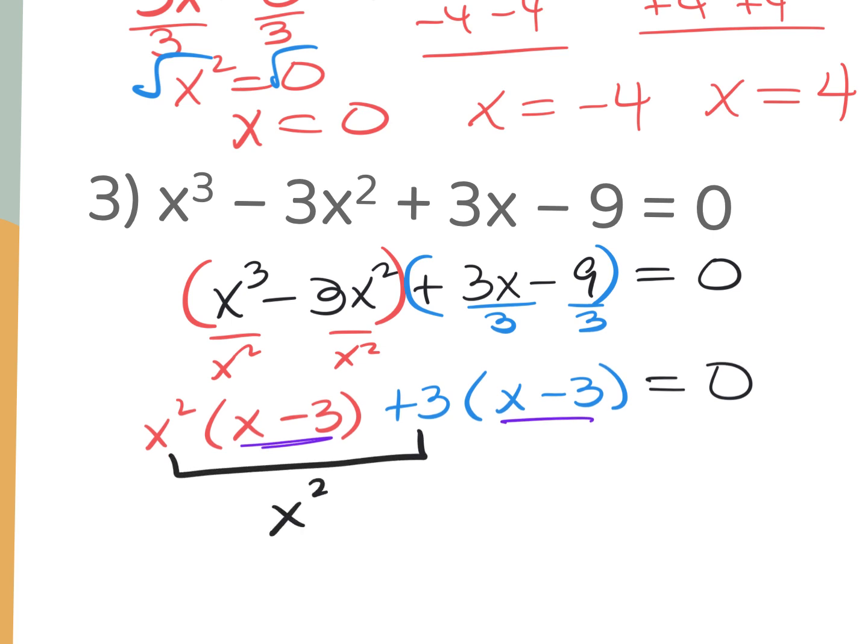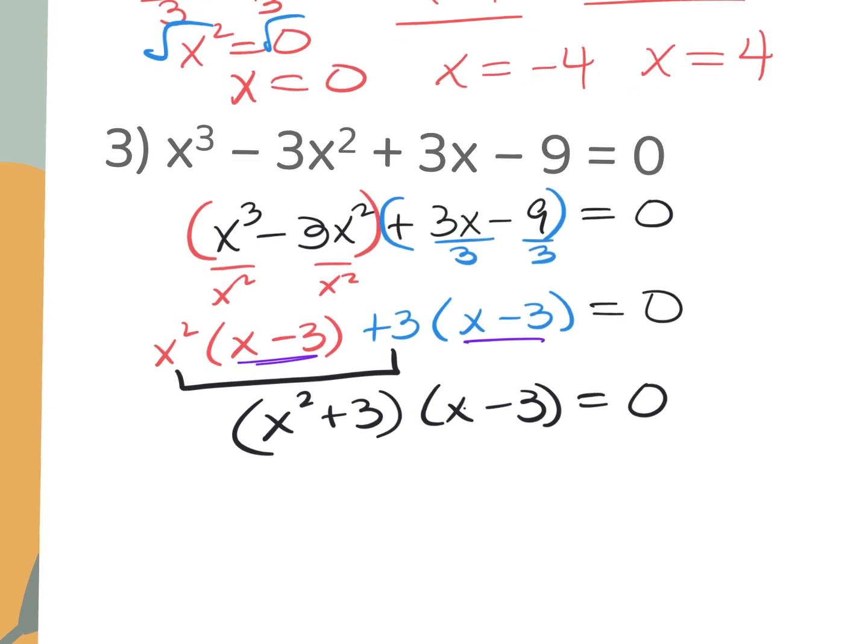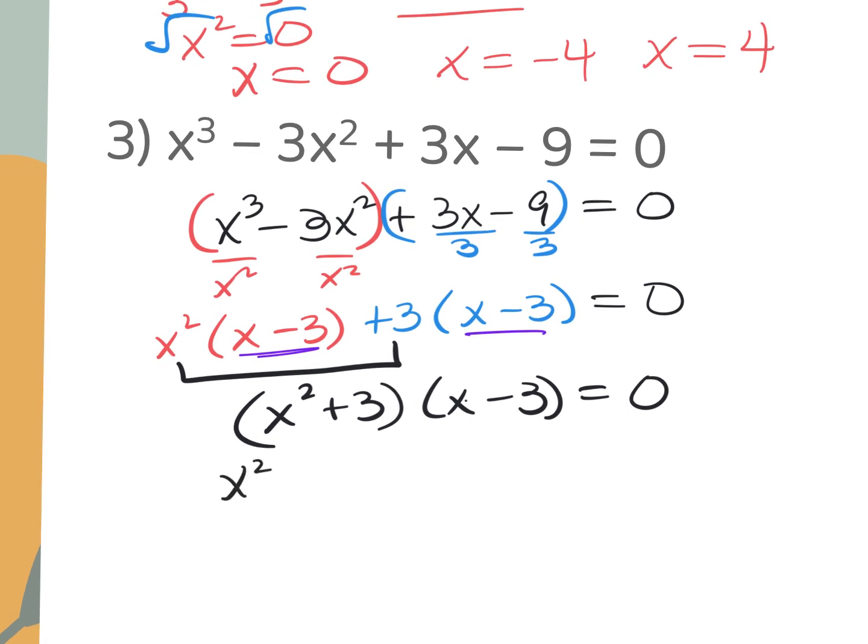They become a binomial. And then what was in common is the other binomial. And now I set each of my binomials equal to 0. X squared plus 3 equals 0. And the x minus 3 equals 0.